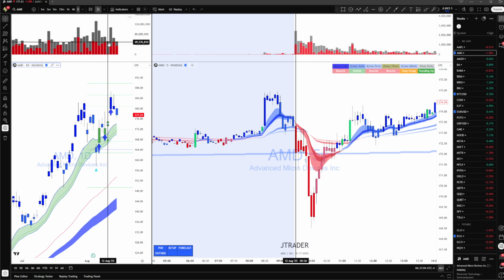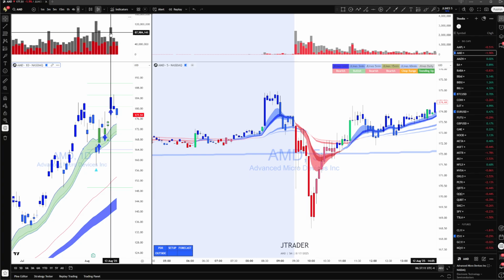The gray bars are where we have buyers stepping in. When you see gray and red, it means that in this case, 2/3 of this bar is with buyers, 1/3 of the bar with sellers. So we still have the majority of this bar on the buy side.